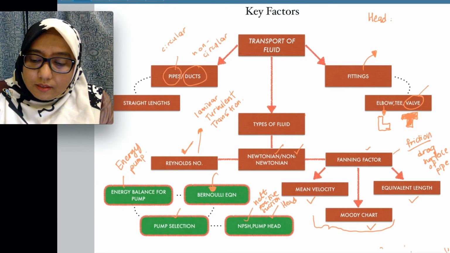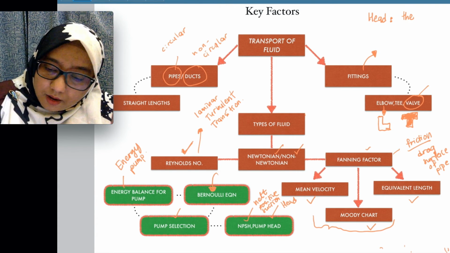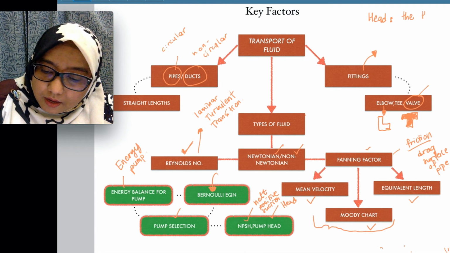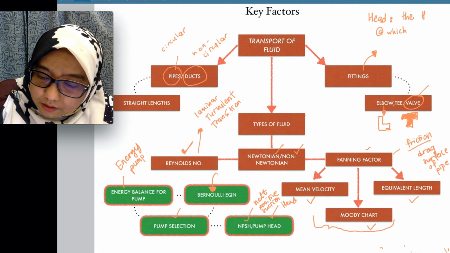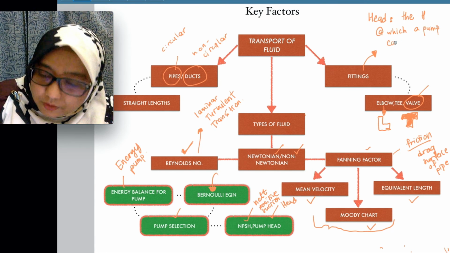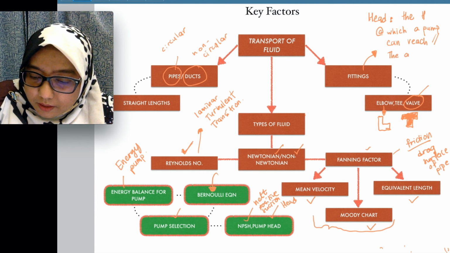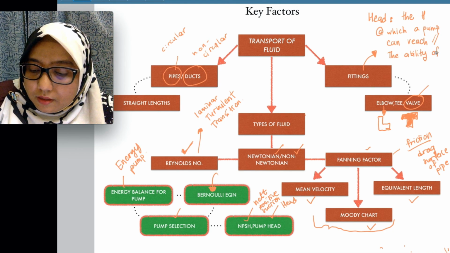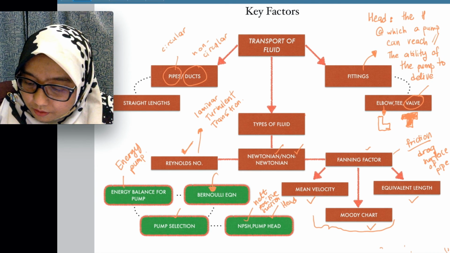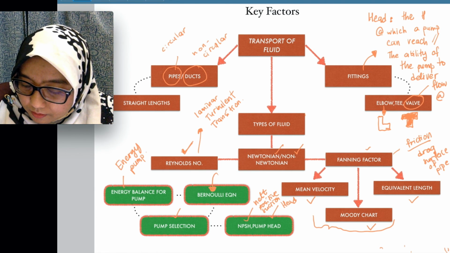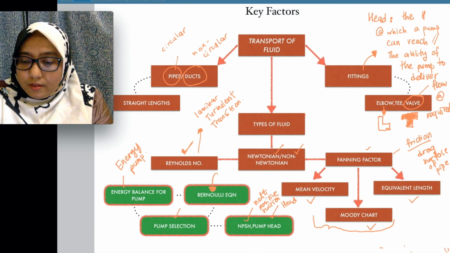Head is the height at which a pump can reach, or the ability of the pump to deliver flow at the required or desired level. Okay.